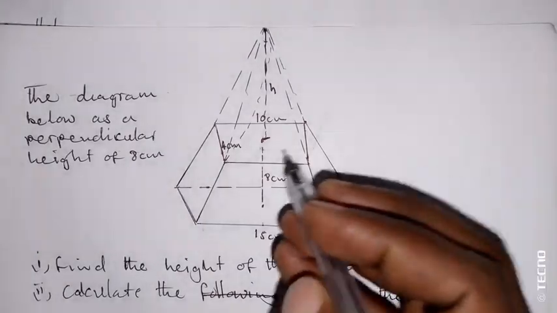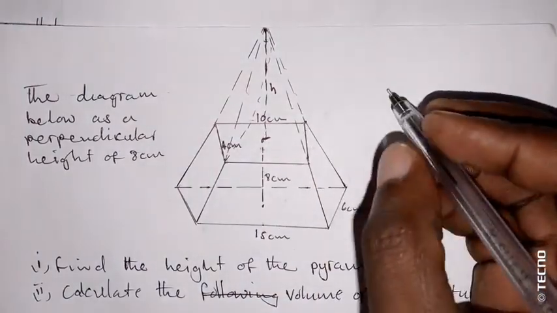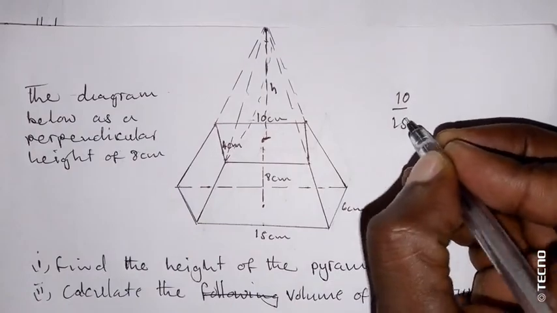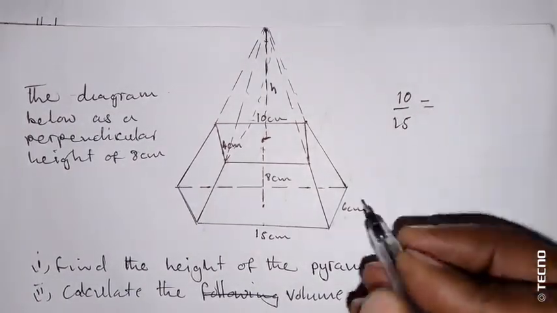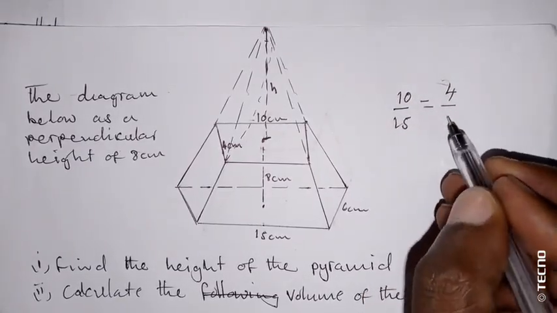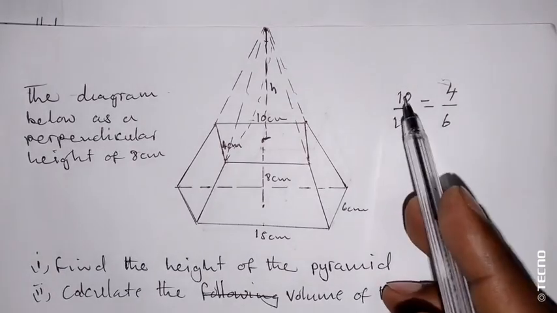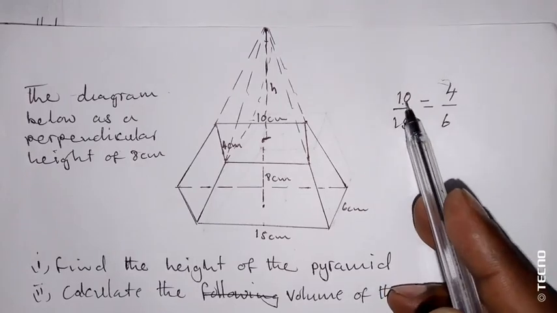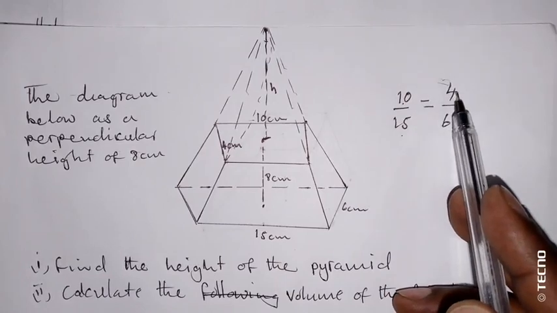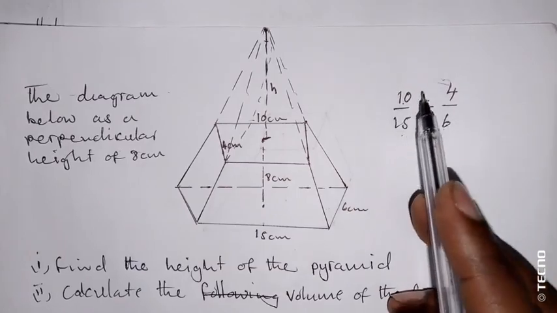For example, once you take this one side here, which is 10 over 15, it is also equal to 4 over 6, because when you simplify this, we have 2 over 3. Even this side, you have 2 over 3. So you can just pick one side.